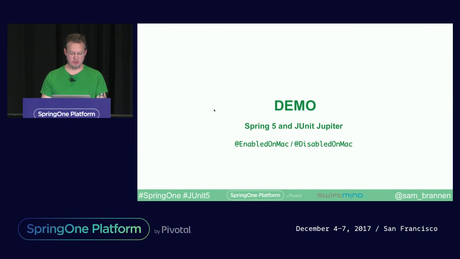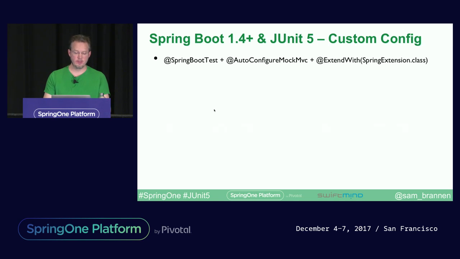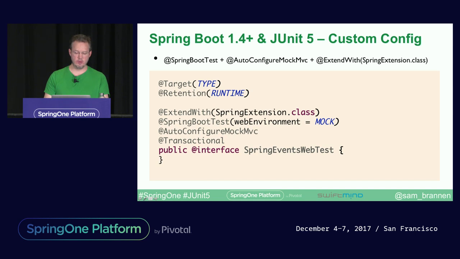Okay. So Spring Boot, since 1.4, as when I first started testing, Spring Boot 1.4, 1.5, and 2.0 snapshots, they all work fine with JUnit Jupyter. So basically you can have some custom config. I have an example using @SpringBootTest and @AutoConfigureMockMvc, and then @ExtendWith the Spring extension. Combining that into one custom annotation here, one composed annotation, SpringEventsWebTest, which comes from my Spring Events example app in my GitHub repo.